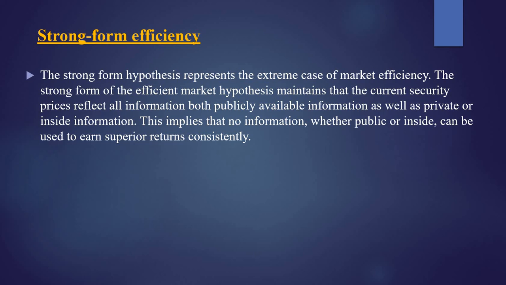Correct. So it is not only publicly available information but also private or inside information of the company that affects the share prices immediately, and the share market observes it, and as per that there will be fluctuations in the demand and supply and the prices of those shares.